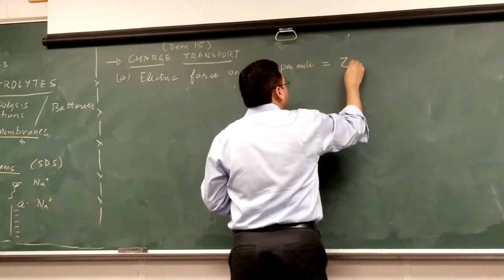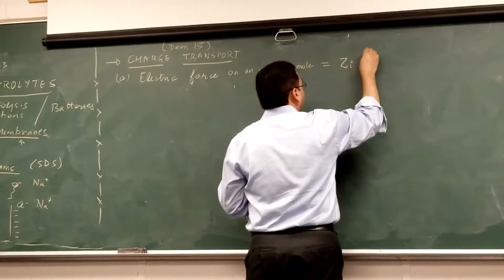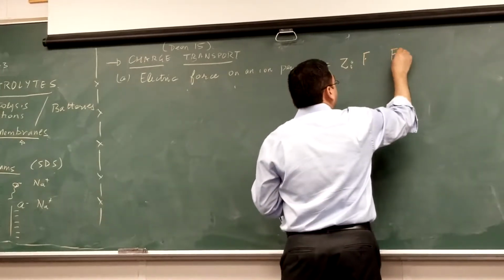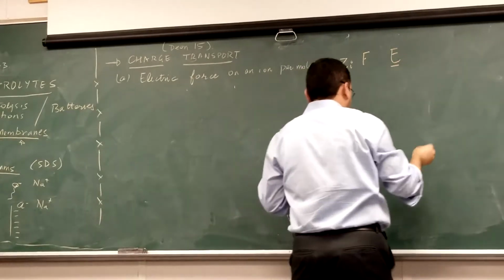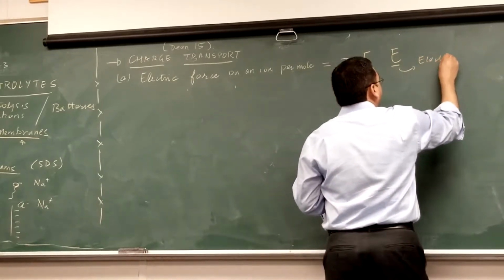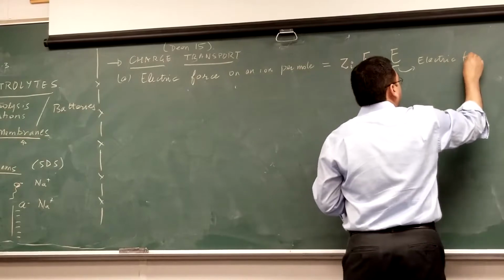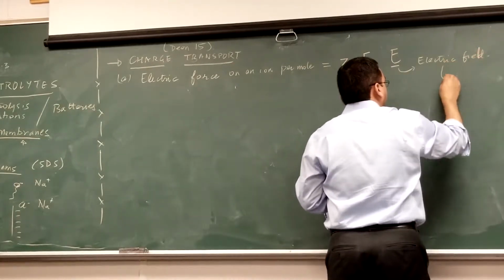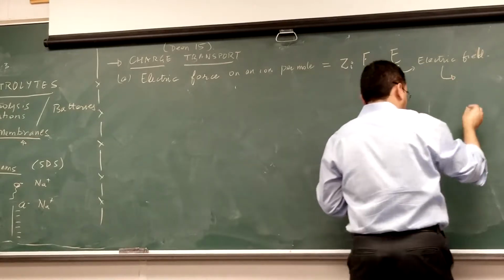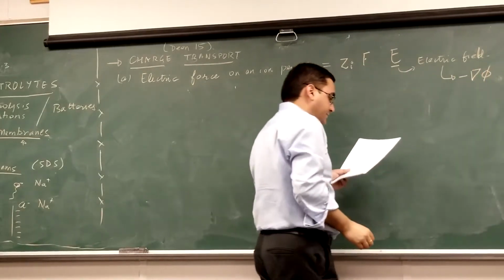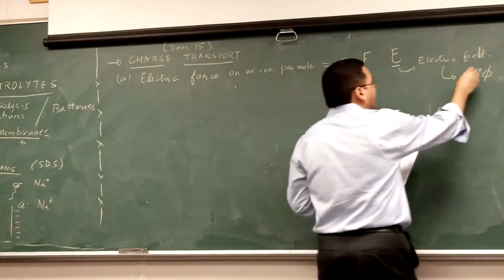Z_i F E. All right, so E is the electric field, and that is the negative gradient of the chemical potential, or not chemical potential, the electrostatic potential.